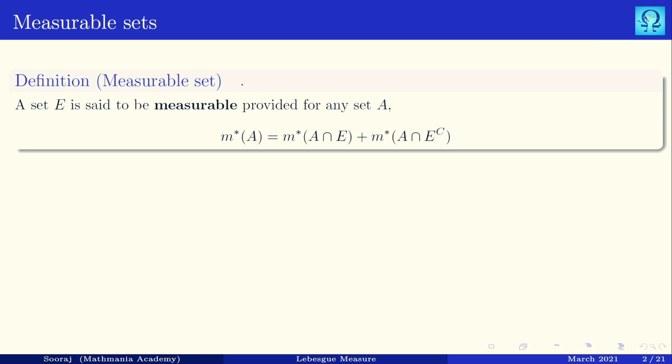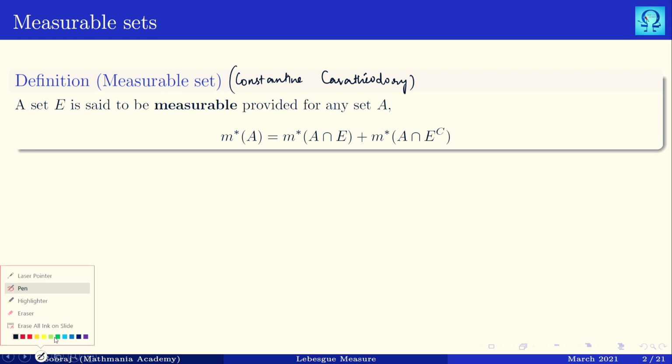This definition was given by Constantin Carathéodory, the person who gave the definition of a measurable set. With this, we are about to prove something.